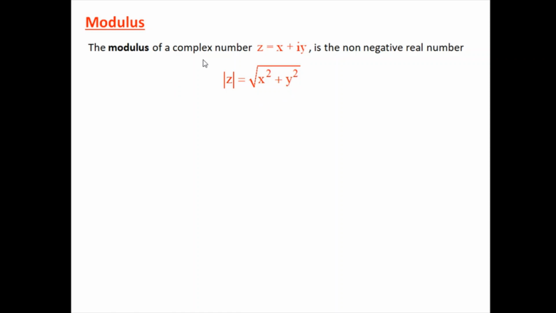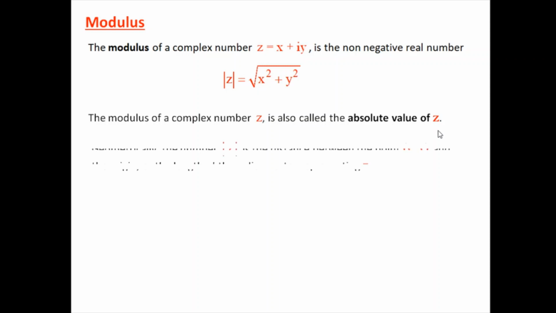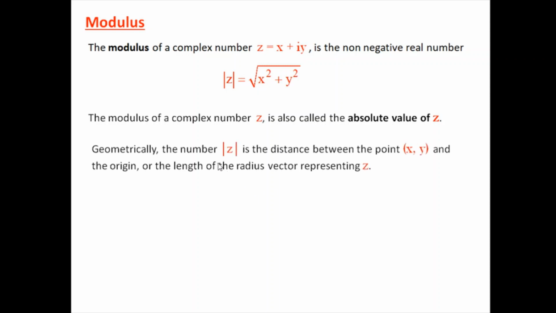It is also called the absolute value of z. Geometrically, this absolute value or modulus is the distance between the point x, y and the origin, or we can say it is the length of the vector z.